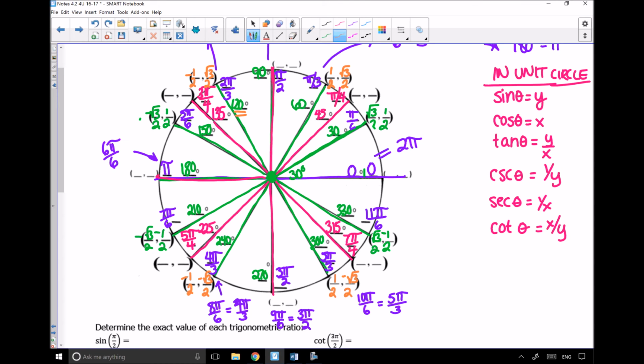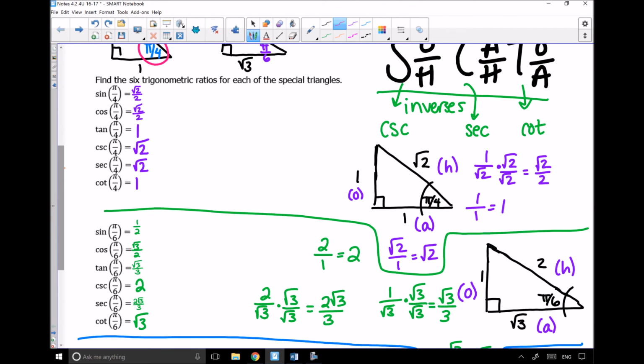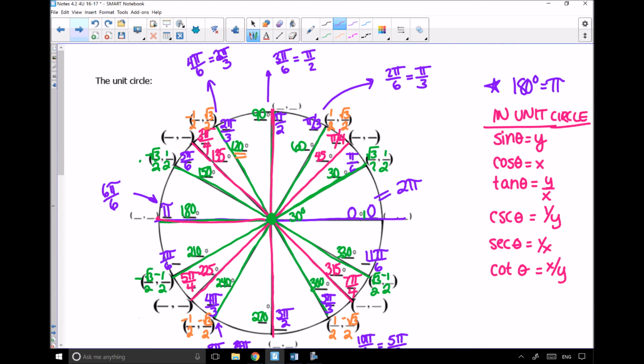The last triangle that I'm going to look at is my 45-degree angle triangle, or my pi over 4 triangle. Well, pi over 4, if I look at what we got for sine and cosine, they're the same. It's root 2 over 2 and root 2 over 2. So my x and my y are both root 2 over 2. Here's my next 45-degree angle, and it's going to be negative root 2 over 2, positive root 2 over 2, because x is negative, y is positive, okay?